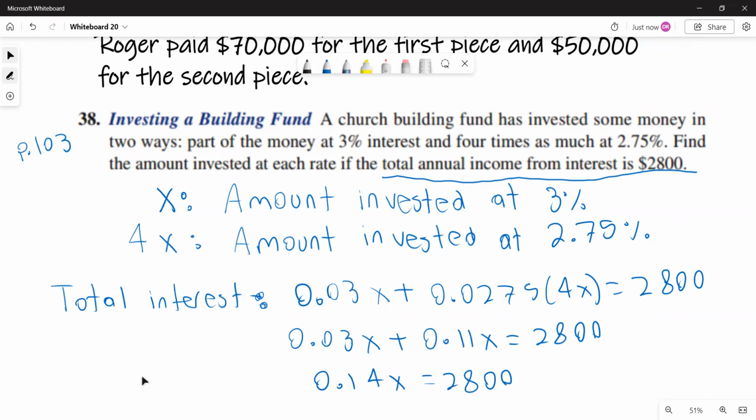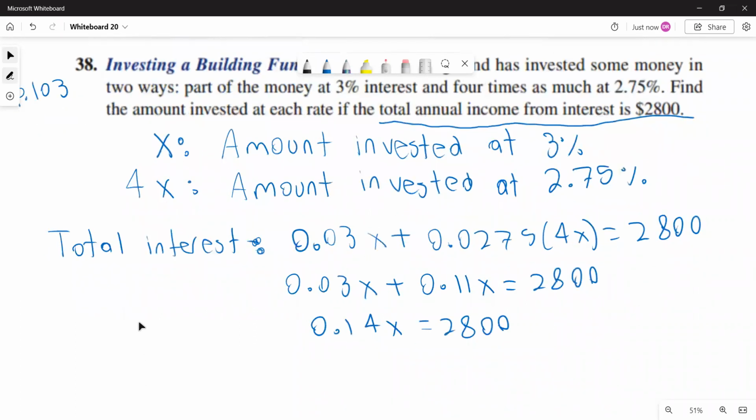Divide both sides by 0.14. And x is 20,000. And 4x is 80,000.